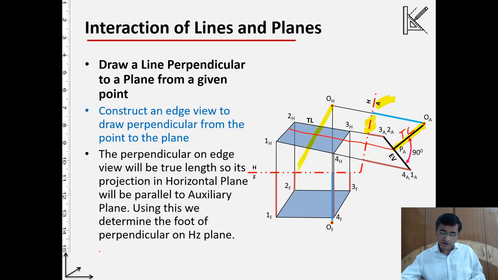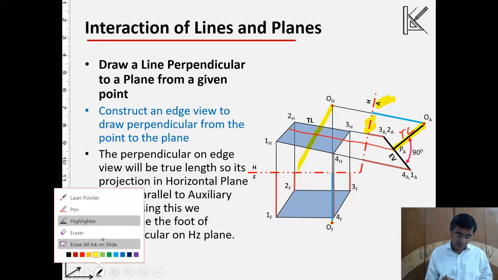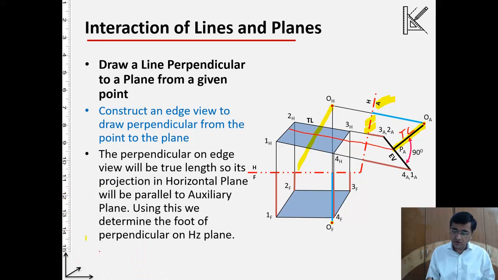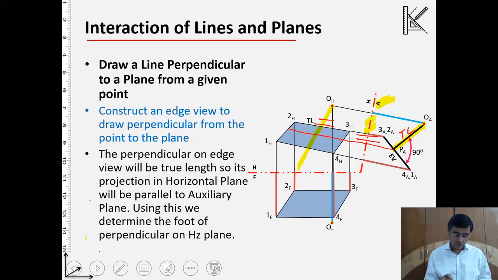Okay, so I can say that the perpendicular should be drawn from point O such that it is parallel to the hinge line, or when I say hinge line I mean the auxiliary plane. We have made use of these concepts earlier also.